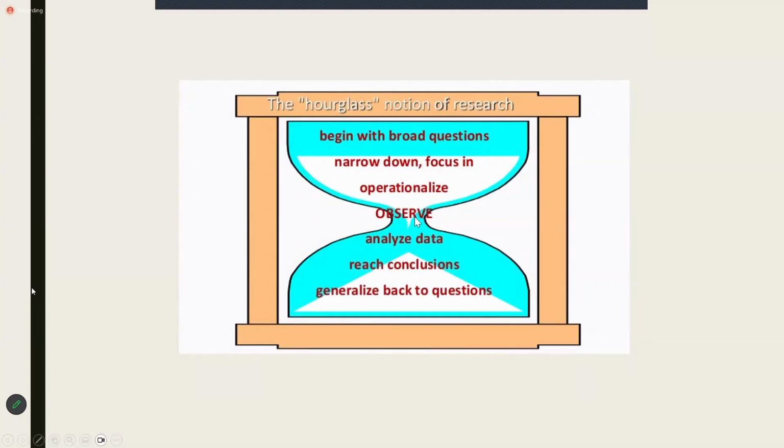And once you go for the data collection and analysis, you are going to expand this and then finally derive the conclusions, right? So at the moment, we will be focusing on the first part of the hourglass, where you need to go through the broader literature and then come on to the closely related literature and identify the research area.